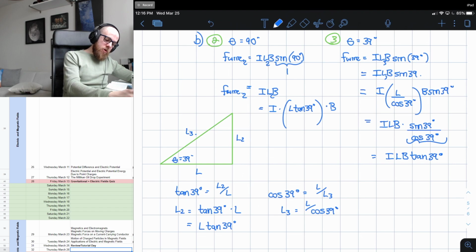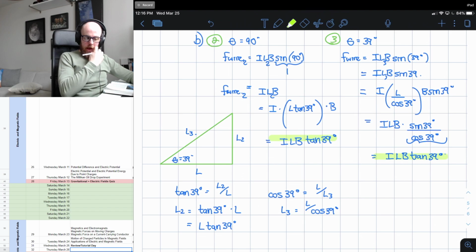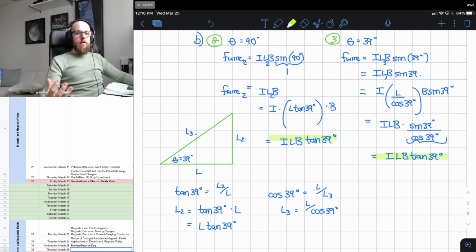And if I come back to my equation for F wire 2, I get the same exact thing, ILB tan 39. So these are the two formulas that I'm now interested in. So I found the magnitude of the force on each of these wire segments.